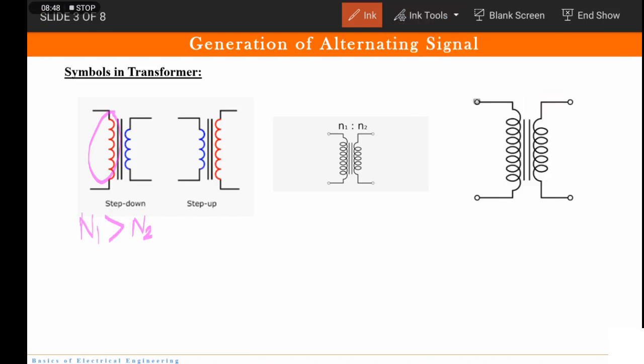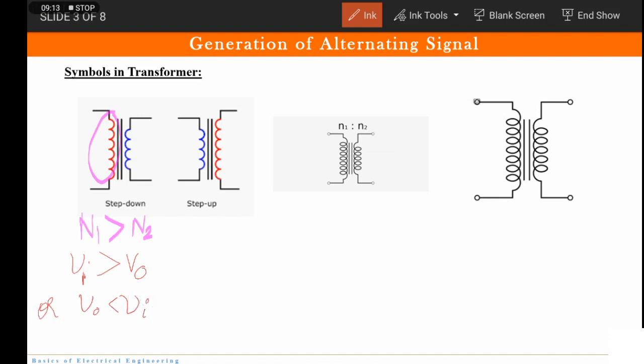It means that the input voltage is greater than output voltage. It means it is a step down transformer. Now what is the meaning of step down transformer? Where the output voltage is smaller than the input voltage. I can write that VO is smaller than VI, correct?